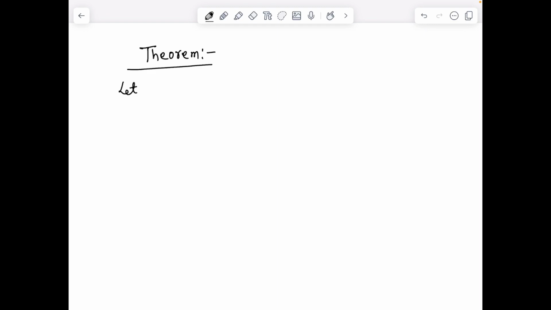So the theorem goes like this. Let f be a continuous function, writing with CS, defined on an interval I, which is the closed interval a to b.